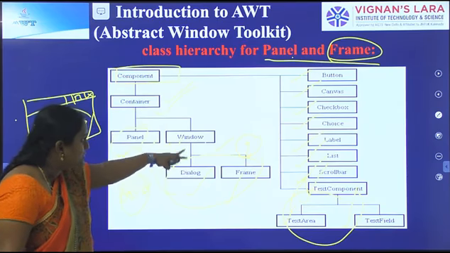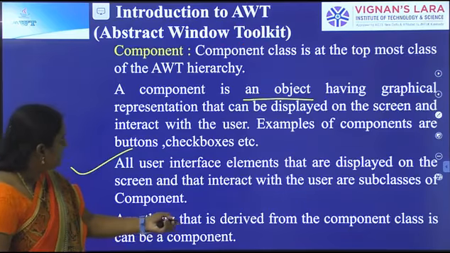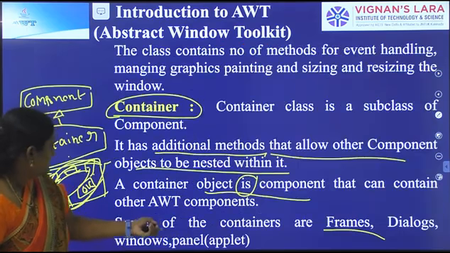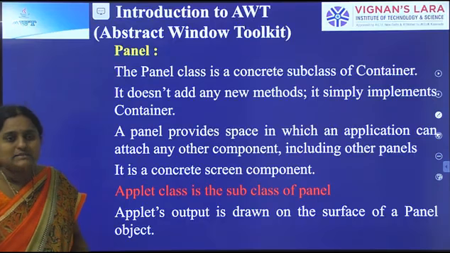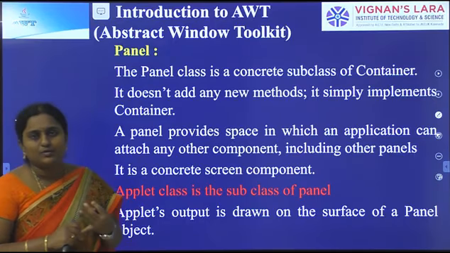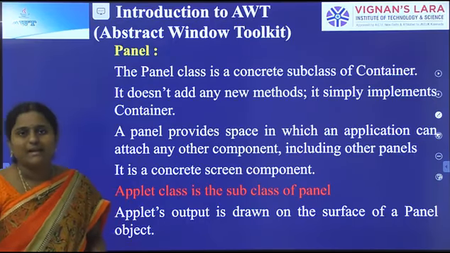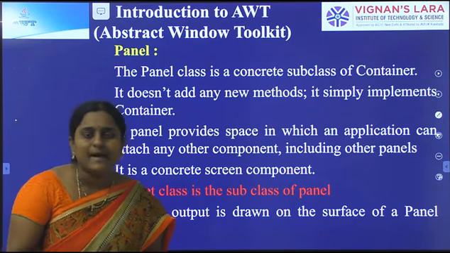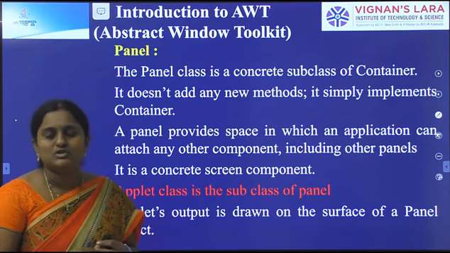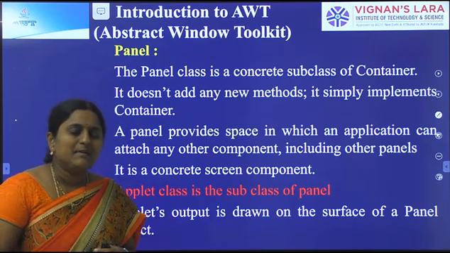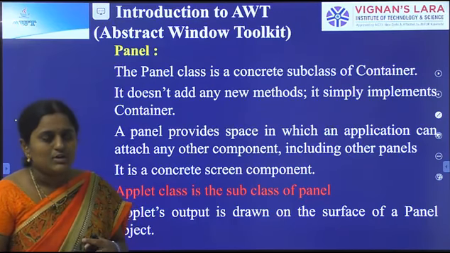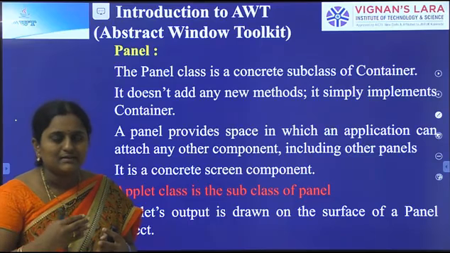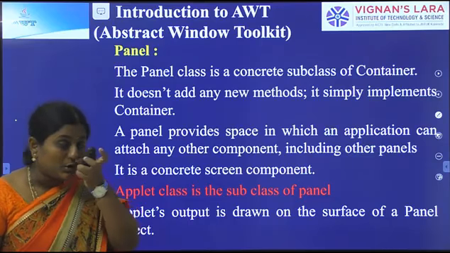Again, dialog and frame, these two are subclasses of window. Next one, panel. In Java, we can create a window in two ways. By using panel, those derived from panel are used by applet. Next, those derived from frame, we can create a standard window. So in Java, in these two ways, we can create a window.